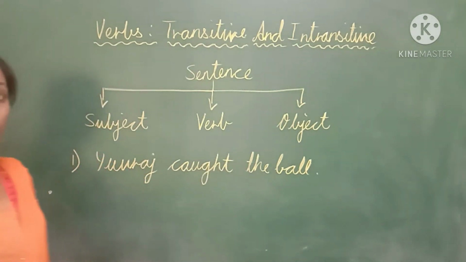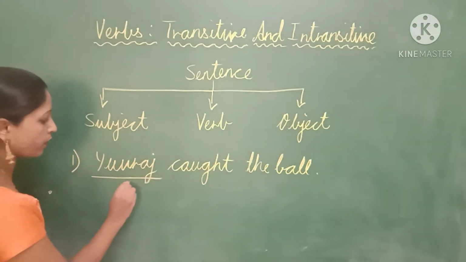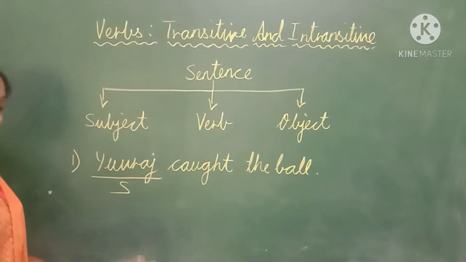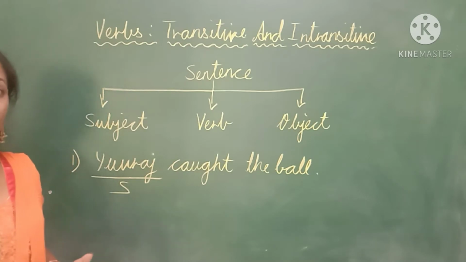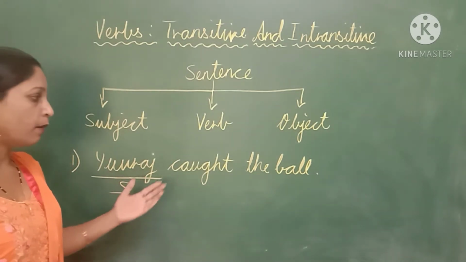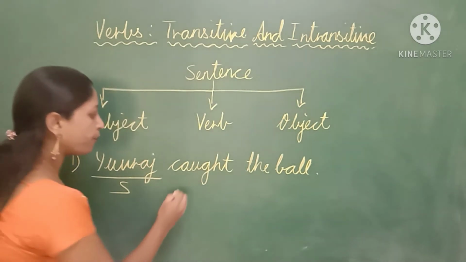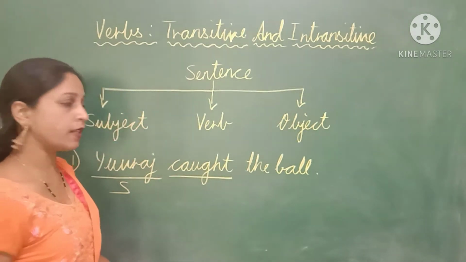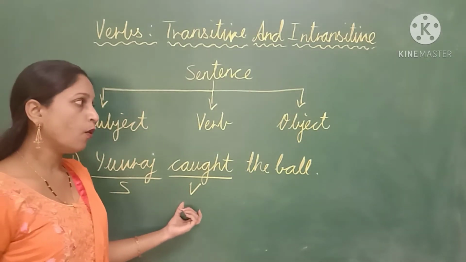In this, what is the subject? The main subject is Yuvraj because we are talking about Yuvraj. For subject, I am going to write S. And verb, we all know it shows us the position, or they are helping verbs, or sometimes they show us action. So, caught is the verb. So we have got a subject, we have got a verb.